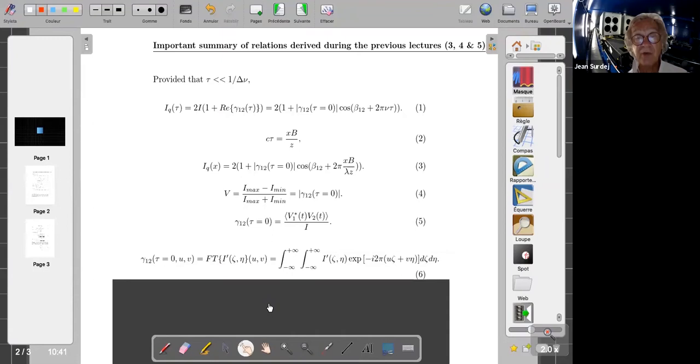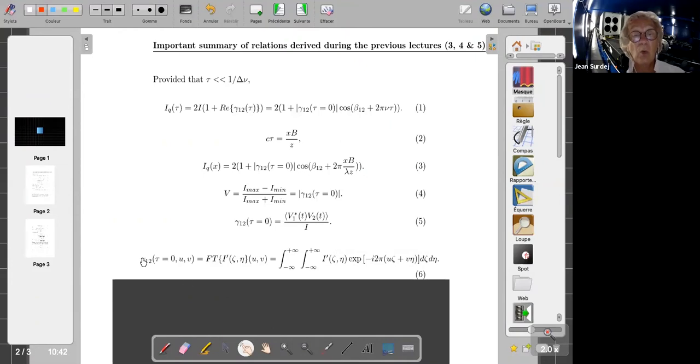Now, what we have seen during the previous lecture is that we derived the so-called Van Cittert-Zernike theorem, in the framework of the Fraunhofer approximation, an approximation in which we assume that the size of the source and the distance between the two holes is much smaller than the distance between the interferometer and the stellar source.